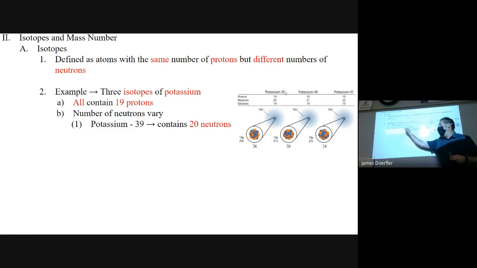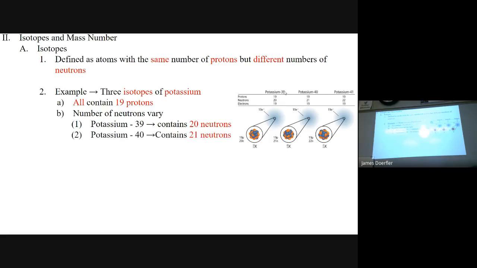Don't forget the dash. Where we actually list the name of the element, followed by the rounded mass number of the isotope. The term mass number, you're going to learn here very soon what that consists of. So potassium-39 has 20 neutrons. Potassium-40 contains 21 neutrons.